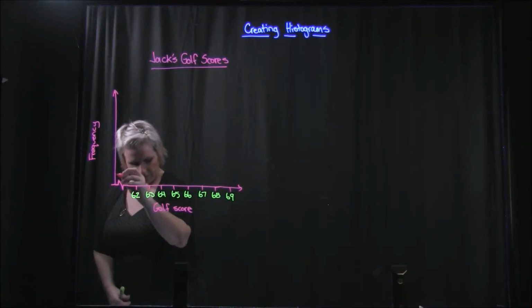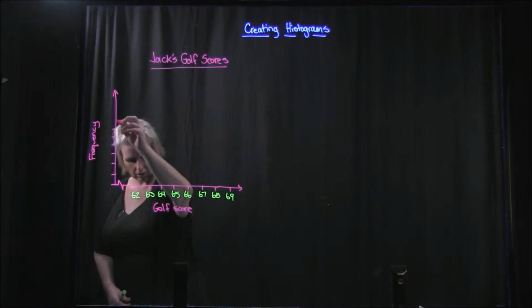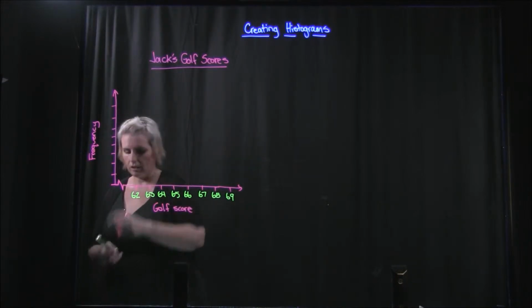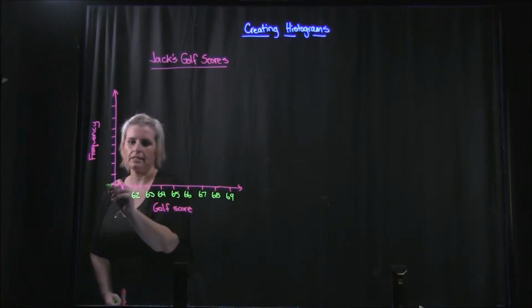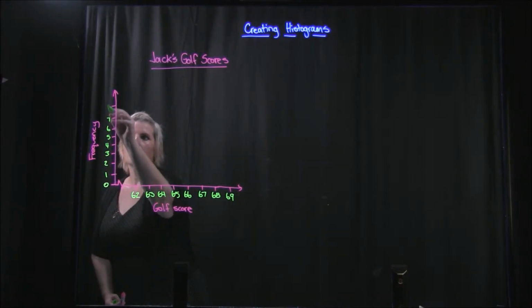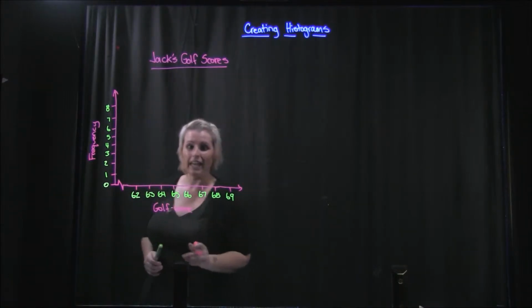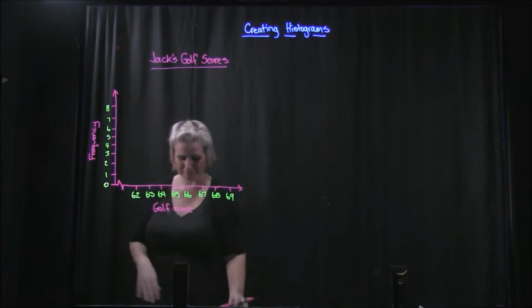We can then write our frequencies, starting at 0 always, up to 8. Obviously when you do this, you'll be using a ruler and preferably graph paper.